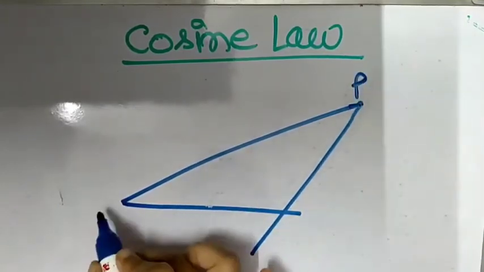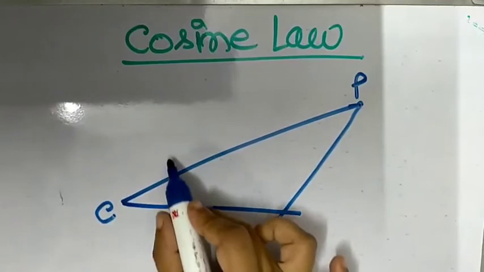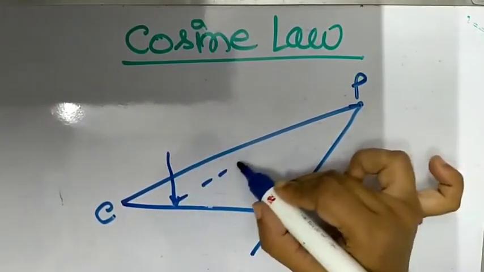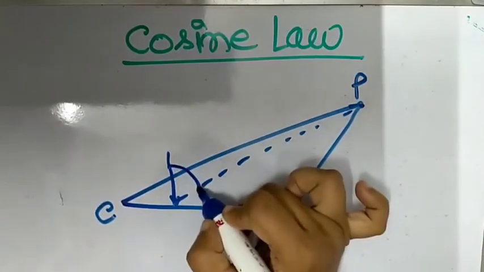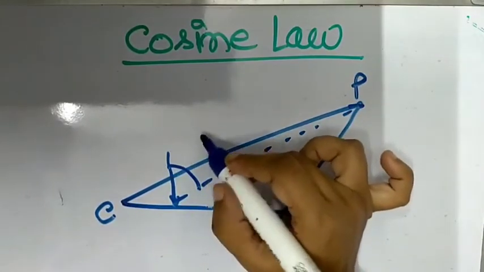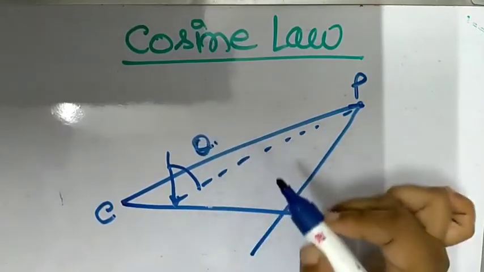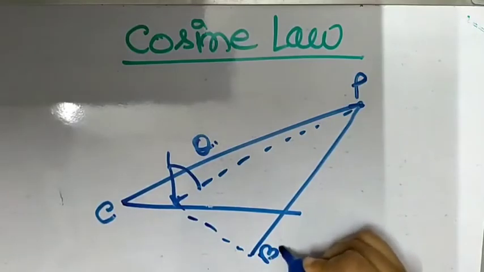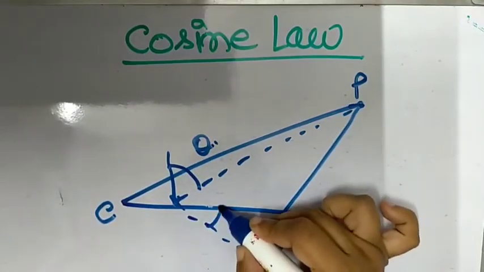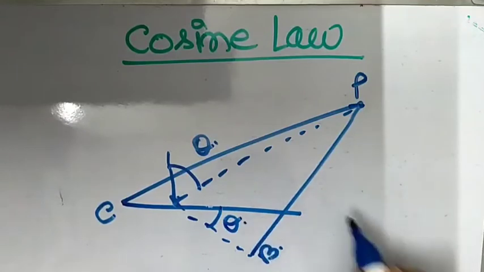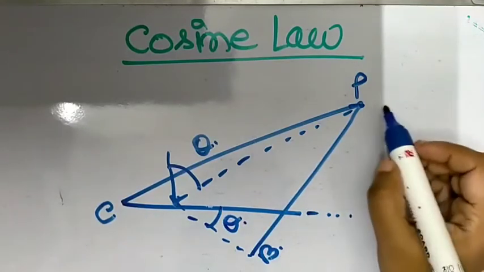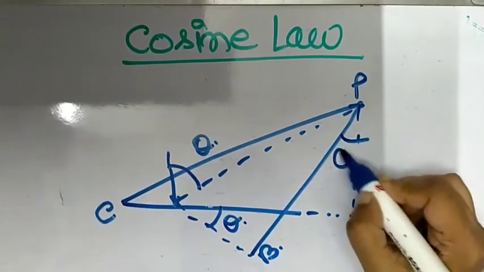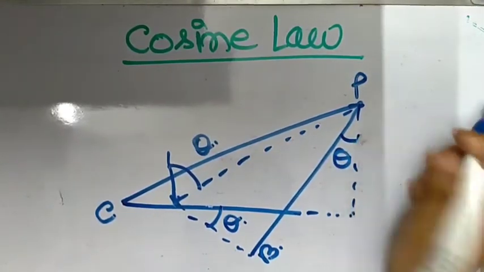Suppose this is point P. This angle is theta. This point is denoted by B, and this angle is also theta. This angle is also theta.